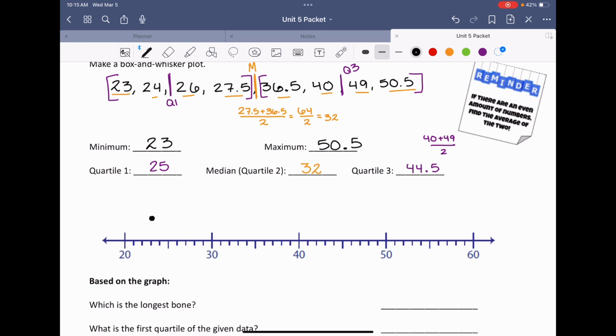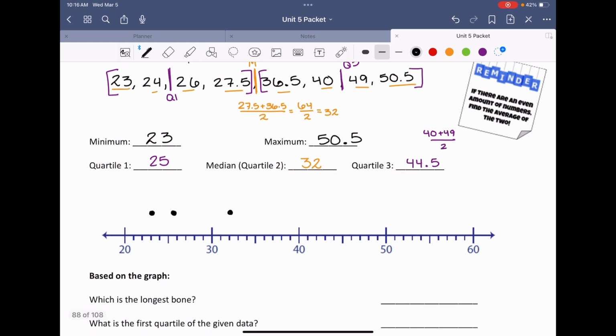So 25, 32, 44.5, and 50.5. Right, your lines connect with the outside 2 dots, and then vertical line through the 3 center dots, create your box around them. And we're going to label lengths of bone.